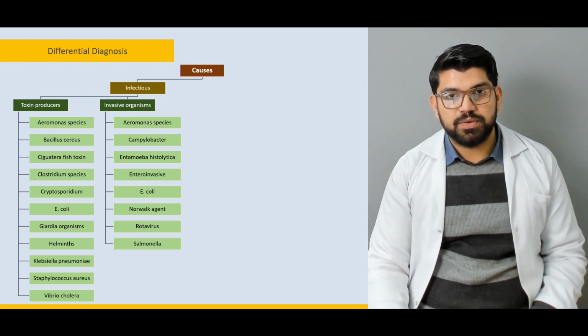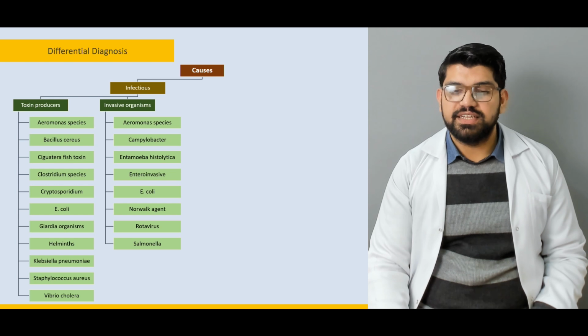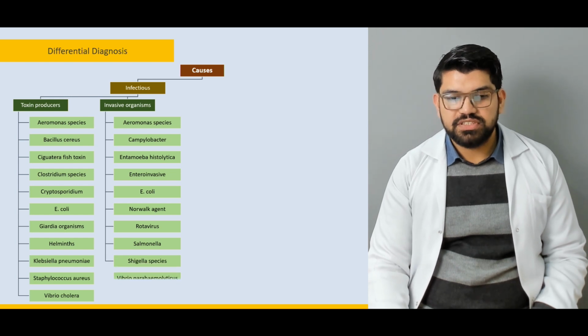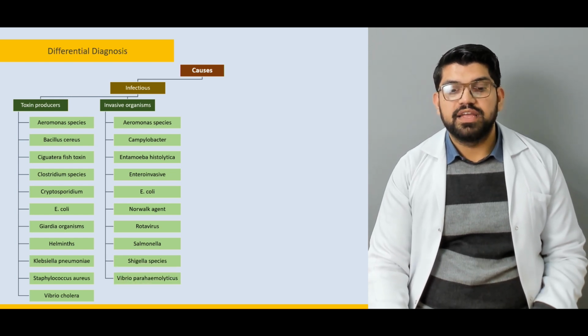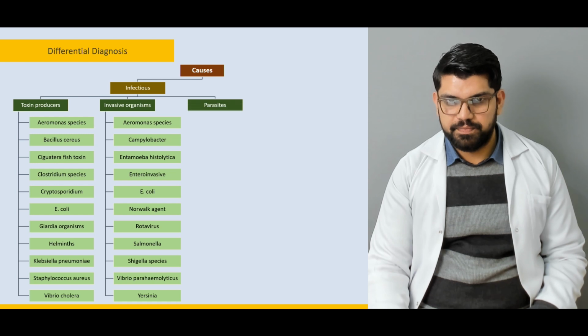Salmonella typhi can present with diarrhea, and later complications can present with cerebral signs. Shigella species, Vibrio parahaemolyticus, and Yersinia are the invasive organisms that can cause diarrhea.